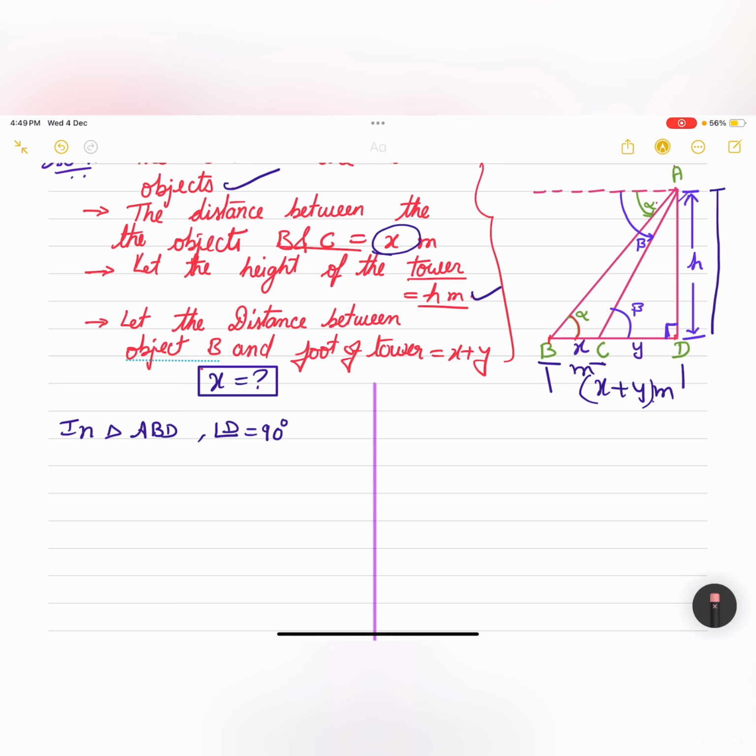Opposite is h, so we take the ratio tan alpha is equal to opposite AD divided by BD. Now tan alpha is equal to AD, which is the height of the tower h, and BD is x plus y. So tan alpha is equal to h by x plus y.